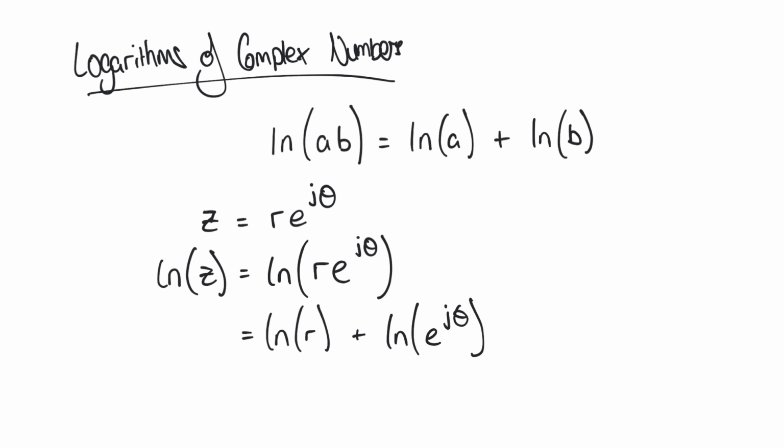The natural logarithm and the exponential are opposite processes, so these two cancel one another out, and we have the natural logarithm of r plus j theta.